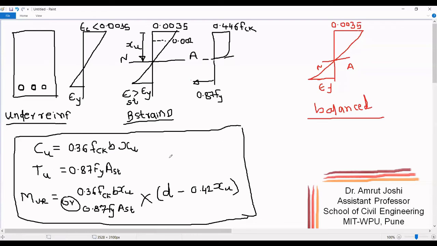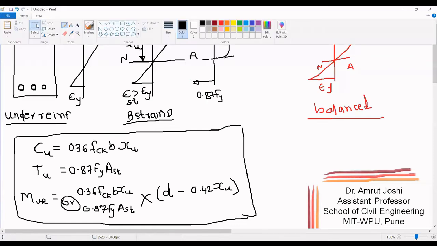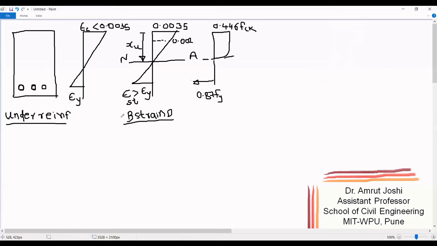Now based on this, let us solve quickly a small analysis problem.